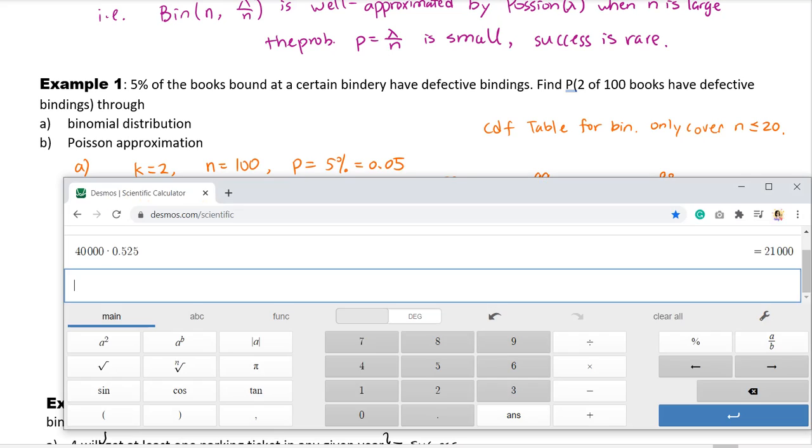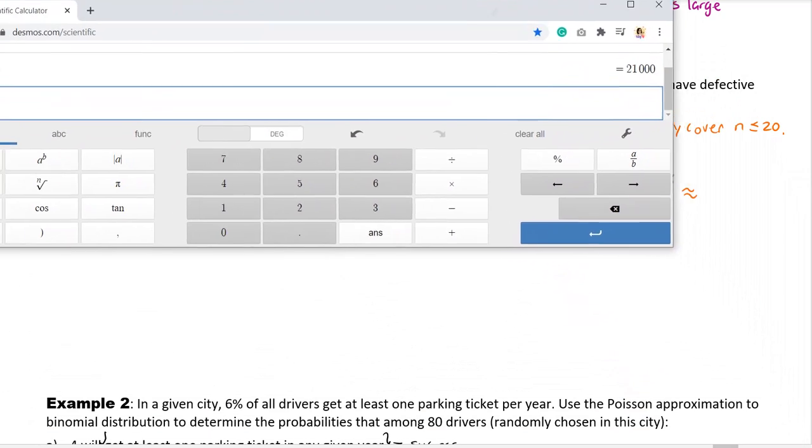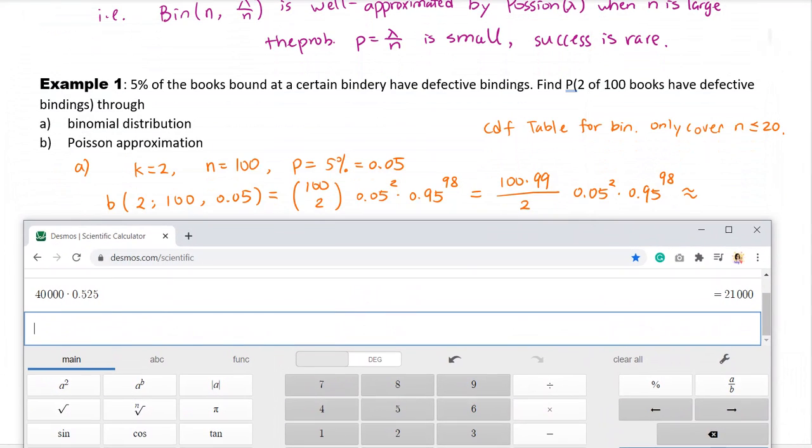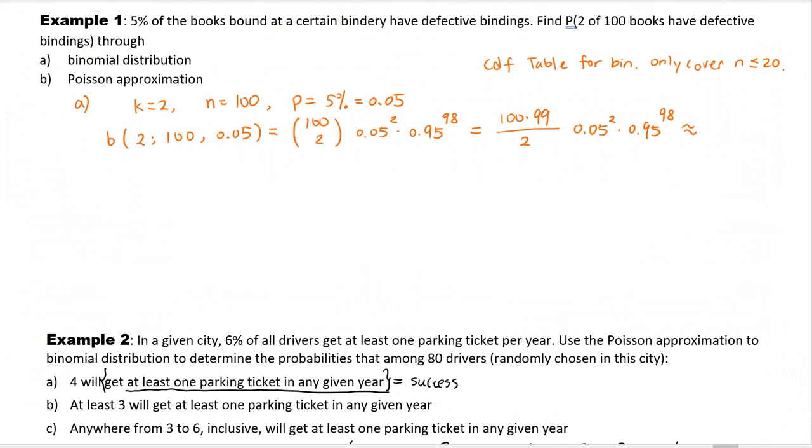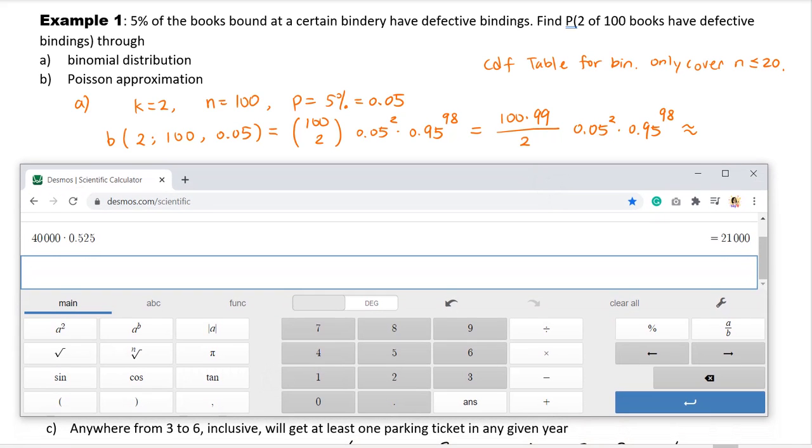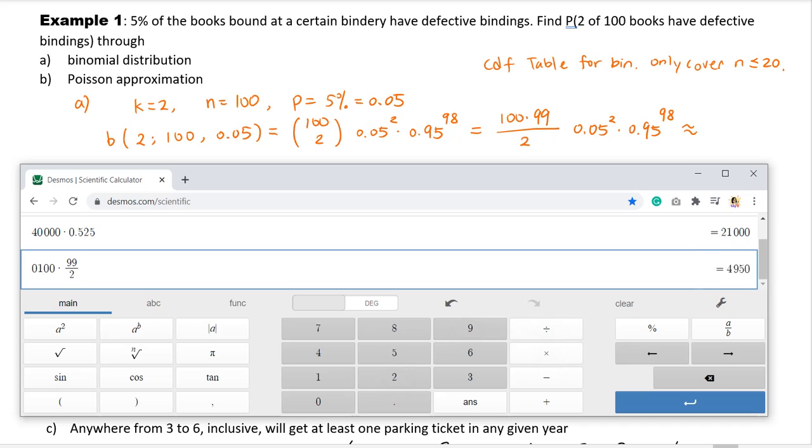Okay, calculator. Let me move this up a little bit. So we get 100 times 99 divided by 2, and then times 0.05 squared times 0.95 to the 98.